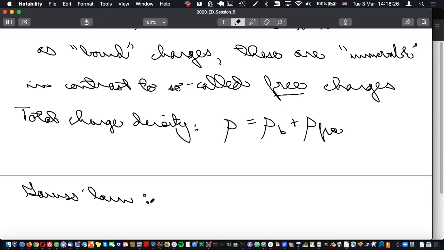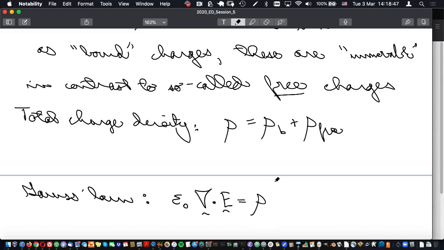So I can write epsilon 0 times the divergence of the electrical field is equal to the local charge.